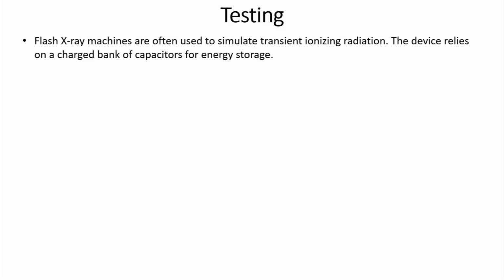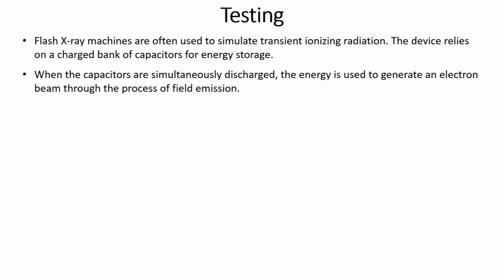We will talk about the flash X-ray machines. These are often used to simulate transient ionizing radiation. The device consists of a bank of charged capacitors that store electrical energy, and when these capacitors are simultaneously discharged, the energy is used to generate an electron beam through the process of field emission.